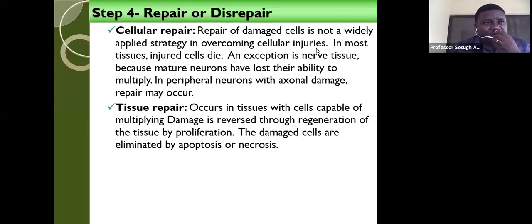So if there is incomplete combustion, the release of carbon monoxide is very, very high, and it's very poisonous. It can kill in minutes if you get in contact with it.